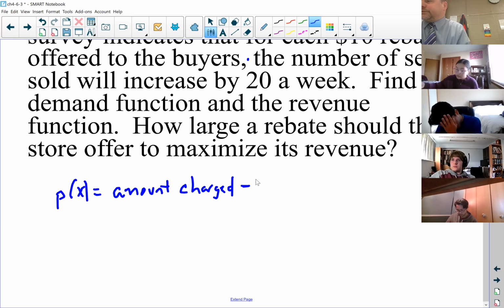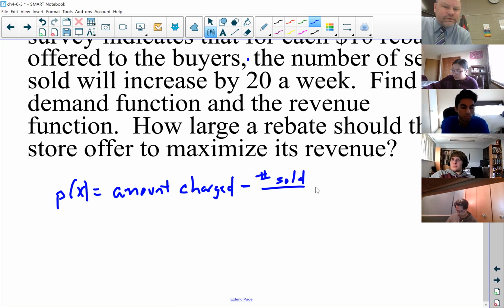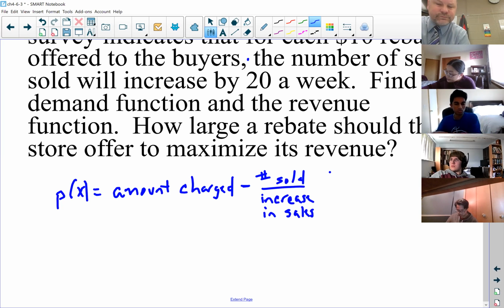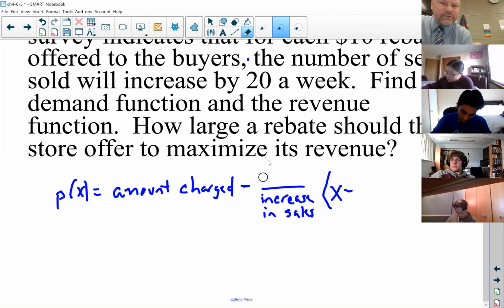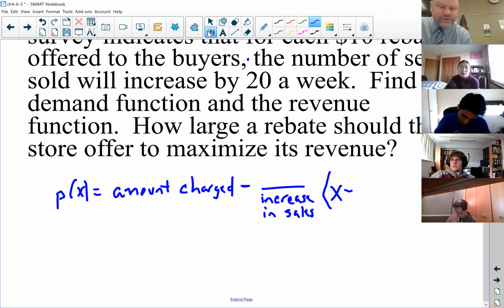minus the change in sales divided by increase in sales times X minus... no, that's not... try this again.